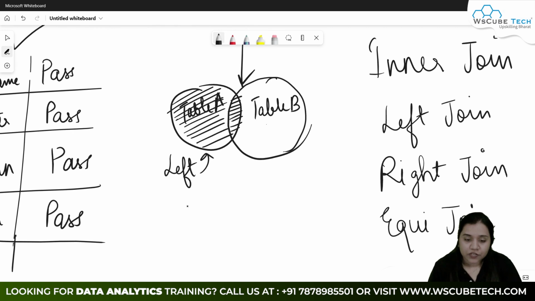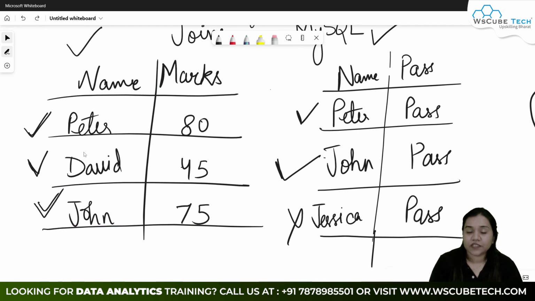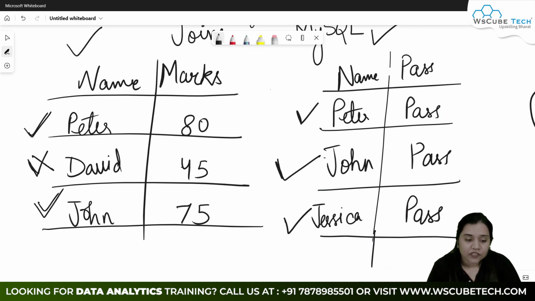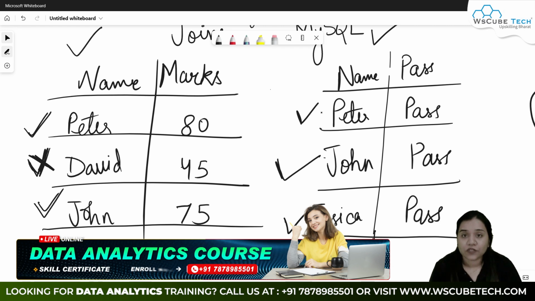Similarly, if I talk about the right join over here, just like how on the left side we got the details of the left hand side and the common elements, in the right join we will get all the details that are there on the right side. That means we will also get the details of Jessica over here, John here and Peter here, but we will not get the details of David. Why? Because it's there on the left hand side but not on the right hand side.